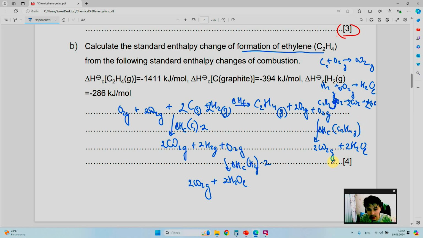And again, look at the ends of your cycle. It's not a cycle yet, so we have 2 carbon dioxide and 2 water molecules here. And as you see, we also have the same amounts here. And it again means that we can simply connect them.